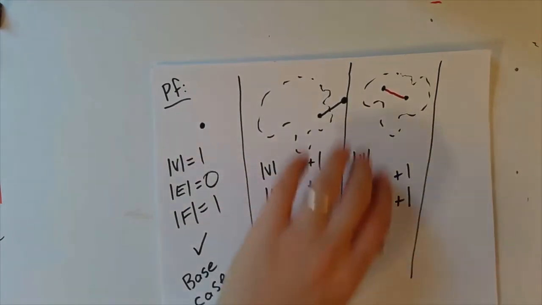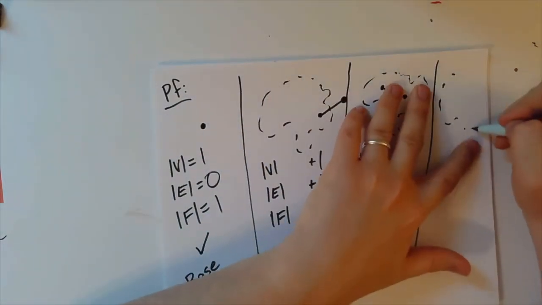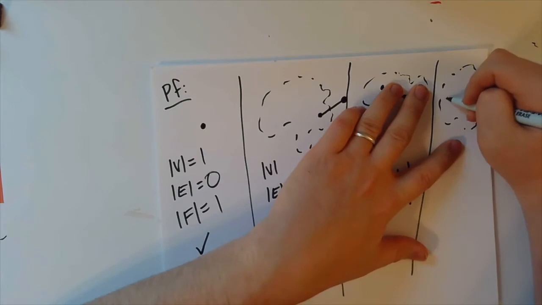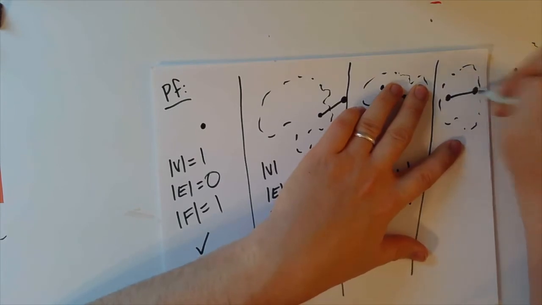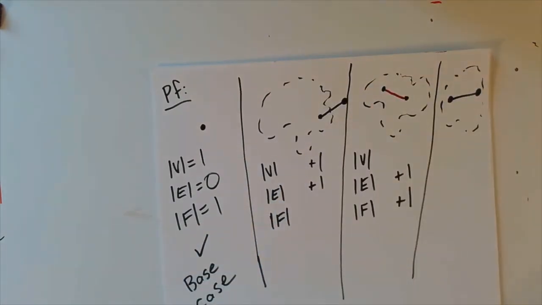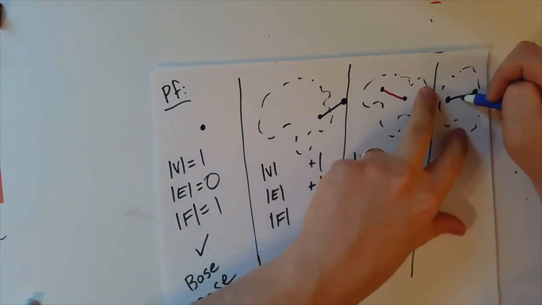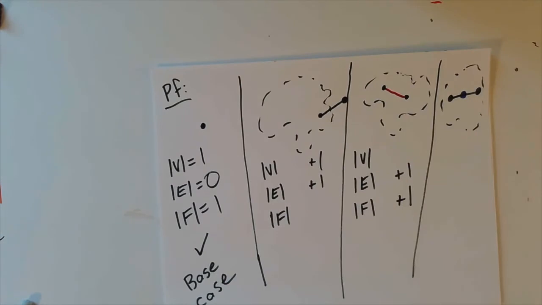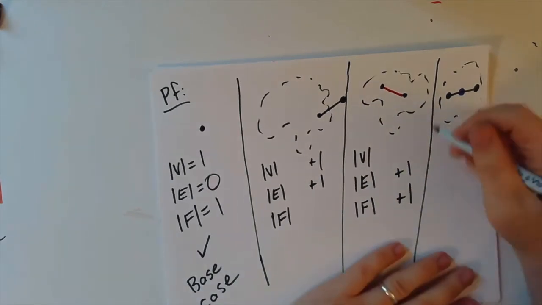Okay. Finally, what's the last thing I can do? Well, the last thing I could do is take an edge that's already in the graph and add to that edge a vertex in the middle. This is what we called a subdivision earlier in this lecture.